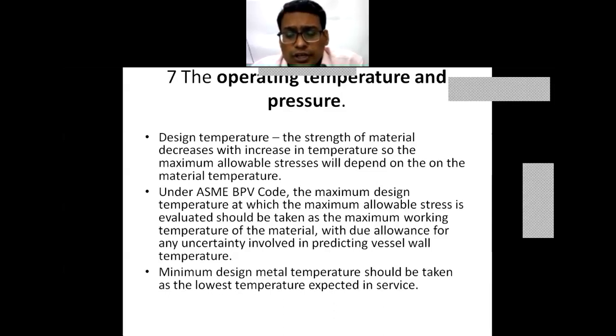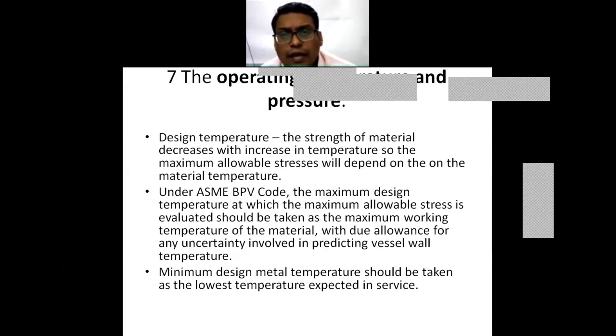Now the more important operating parameters are temperature and pressure, which are the basics for our designing. At what temperature am I going to carry out my process? The strength of a material decreases with the increase in temperature, so the maximum allowable stress will depend on the material temperature.